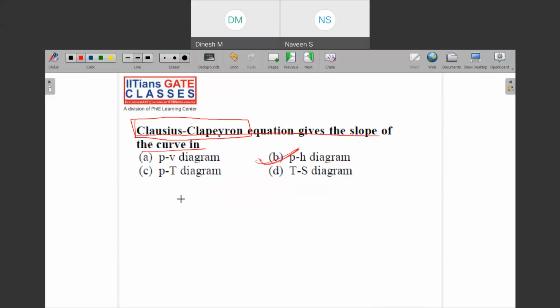Why? Because we have seen that dP upon dT, if we remember, we have written is h_fg into P upon RT square. We remember. Then it gives the slope of the curve in which diagram?